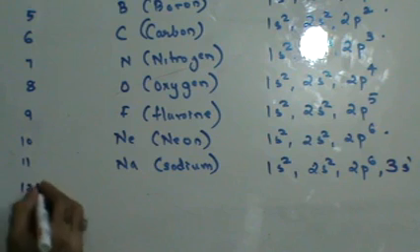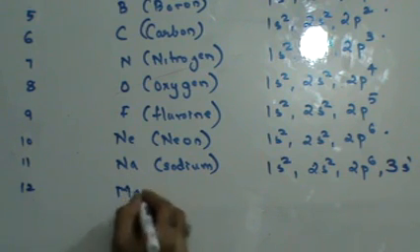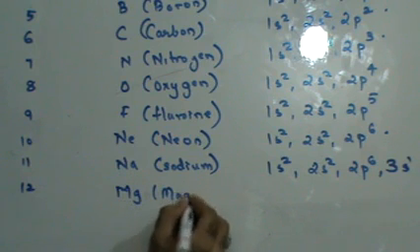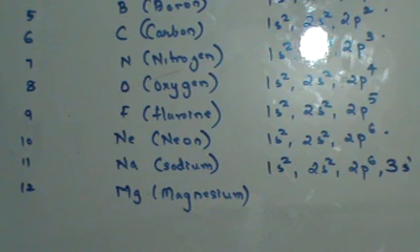Next, magnesium. Yes. So why are we not taking 2p7? Because p orbital can take a maximum of 6 electrons. Not more than that. P orbital has a maximum capacity of 6 electrons. Right? Next, let's move on ahead, guys.